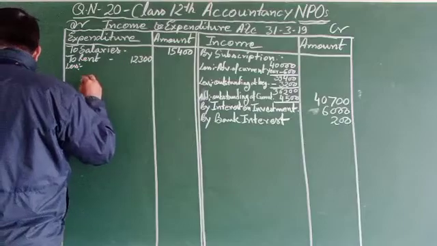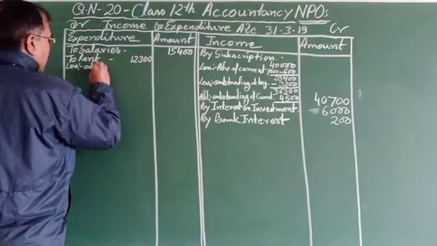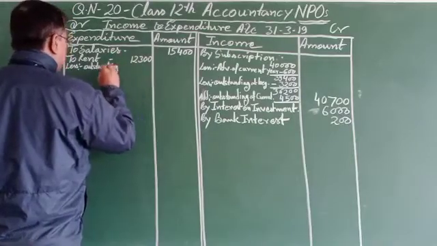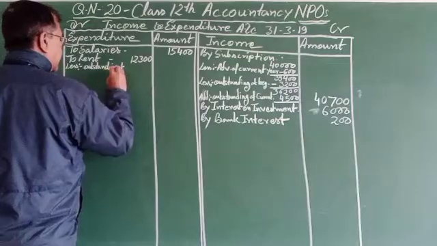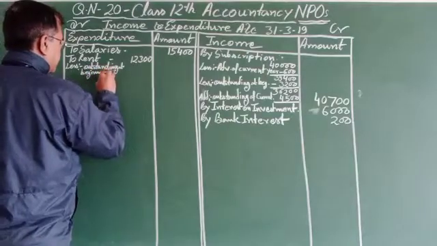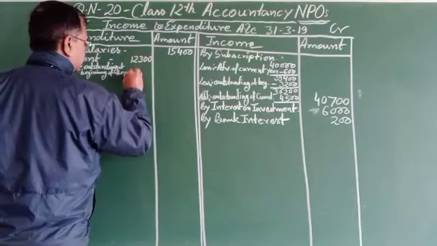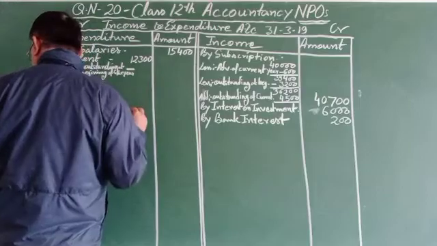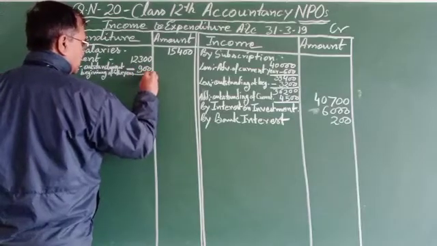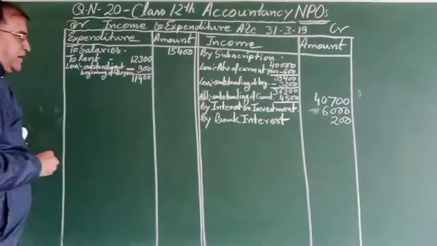less outstanding of previous year, outstanding at beginning of the year, minus 900, 11,400.